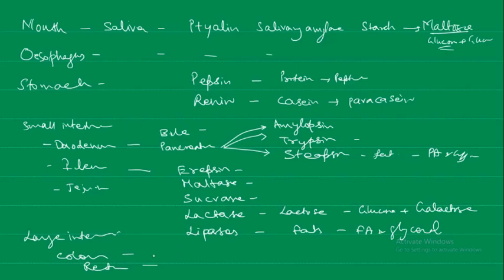In the colon there is absorption of water and some of the remaining undigested food, and the rectum is only for the temporary storage of the undigested food. So in this way there are various vital enzymes which do their activity at very specific sections of the human alimentary canal.